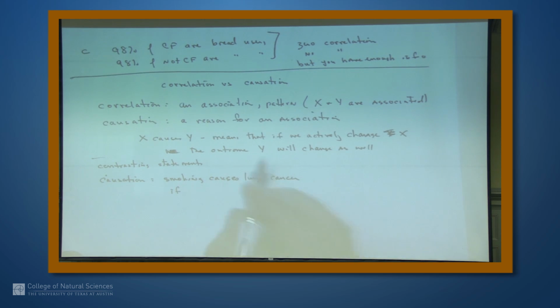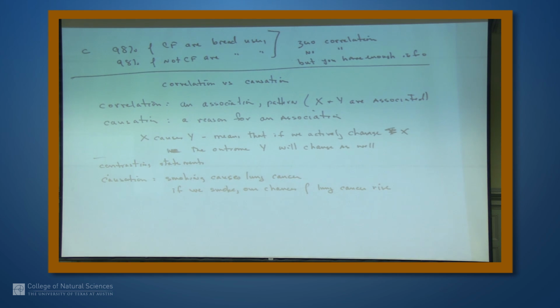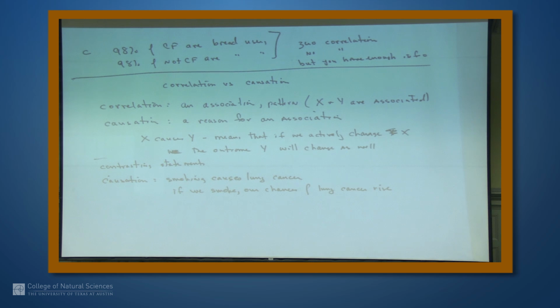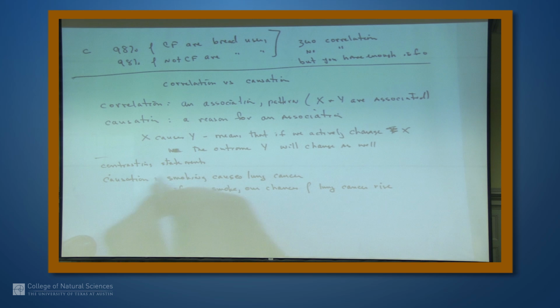If we smoke, our chances of lung cancer rise. That's what the statement means, whatever our baseline rate. Correlation. Smokers have higher rates of lung cancer than non-smokers.